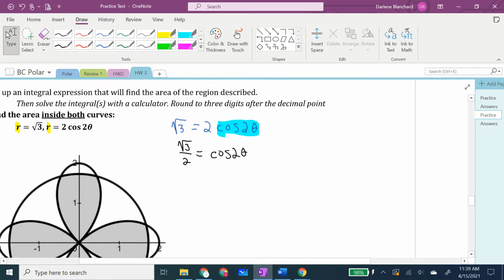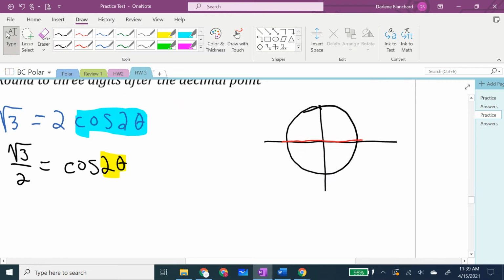Now you need to be ready to do unit circle, or whatever is equivalent to unit circle. Right now I'm not going to worry about the fact that the angle is 2 times theta, just that the angle creates a cosine of root 3 over 2. Cosine represents the x-axis on a unit circle.